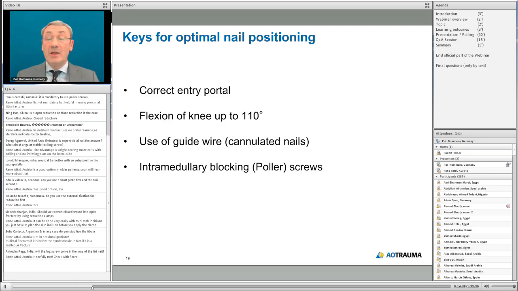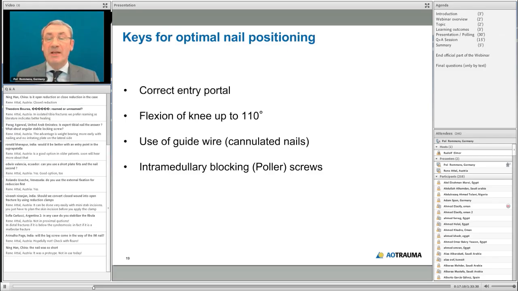We recommend to use a guide wire and always use cannulated nails in case of nailing metaphyseal lesions. And we may use intramedullary blocking or so-called puller screws to guide the nail into its correct place.